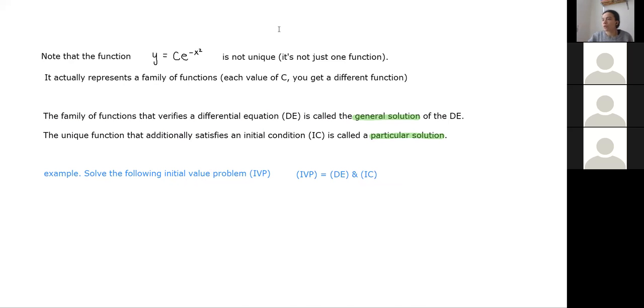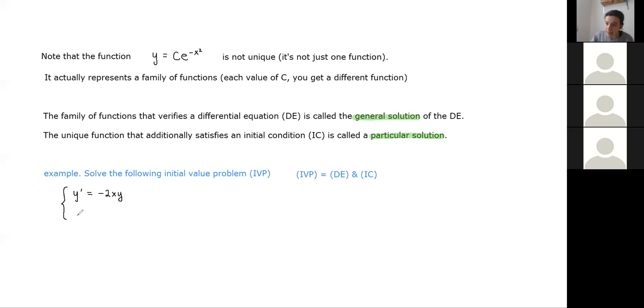All right, so the initial value problem that I'm going to ask you to solve in this case is the following. First, I need a function that satisfies the following differential equation: y prime is equal to -2 times x times y.